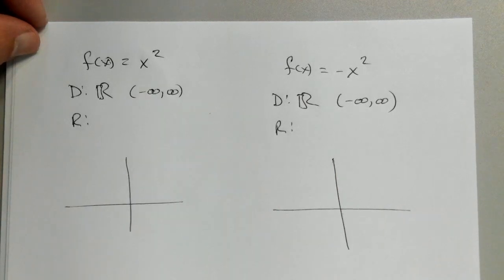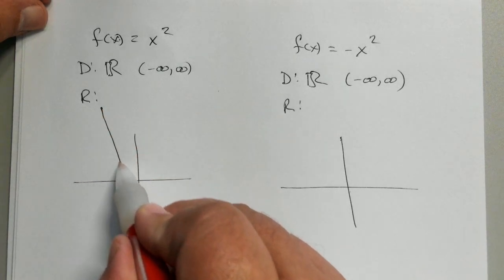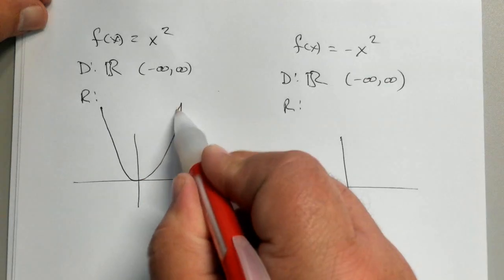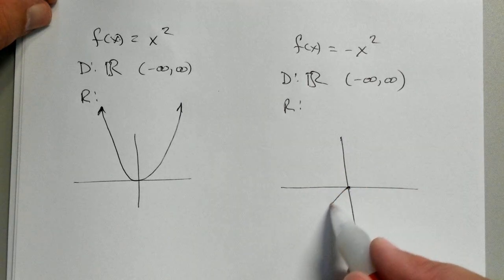What does the graph of x squared look like? Parabola, there you go. It's a parabolic curve. And negative x squared opens down.